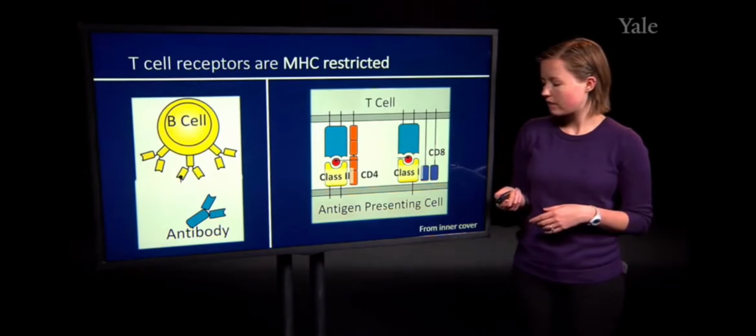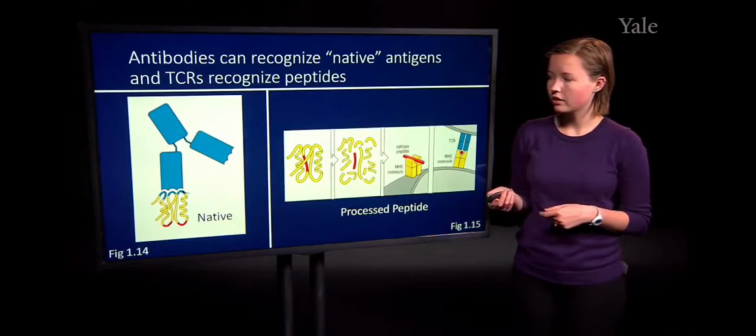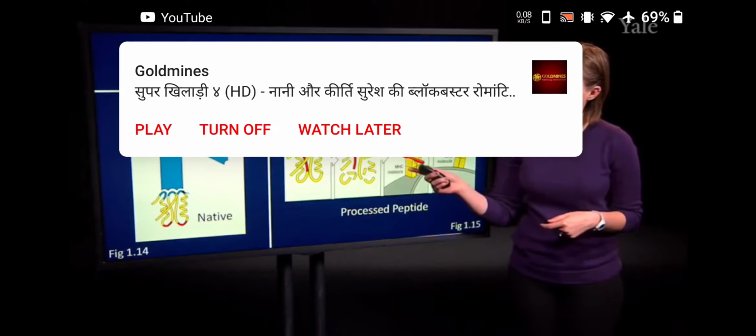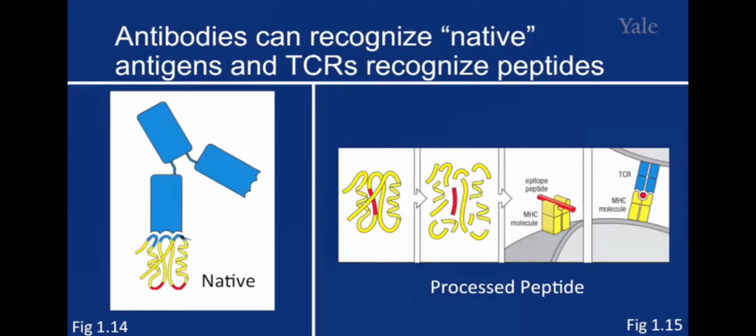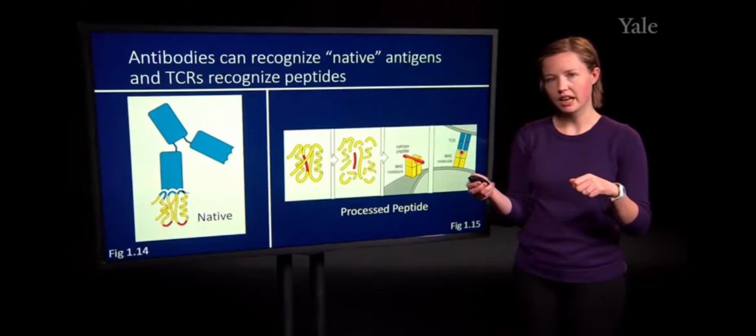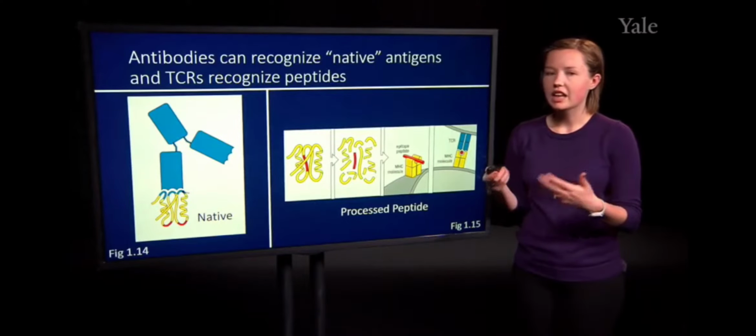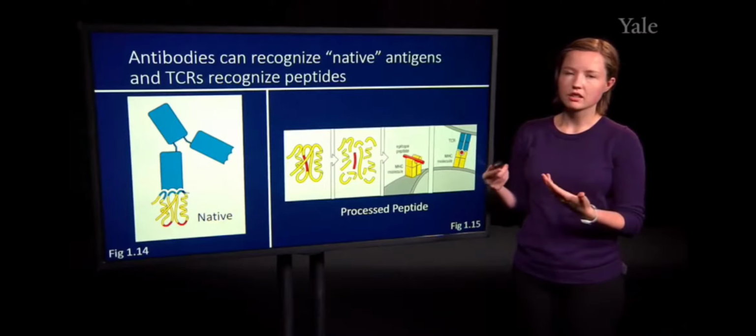As mentioned before, we can see a B cell receptor over here interacting with a native antigen. And when I say native antigen, that just means that it's taking on its three-dimensional conformation. It's not stretched out in any way, it's folded, and that is the way that the antibody is interacting with that particular antigen.